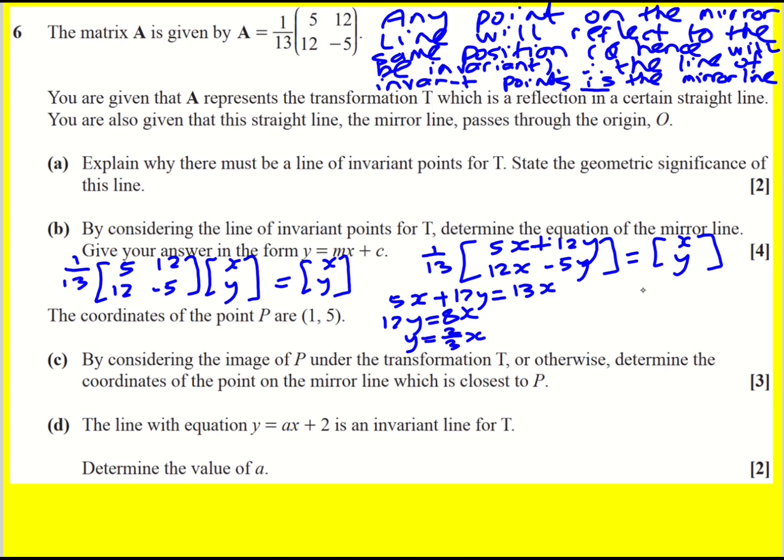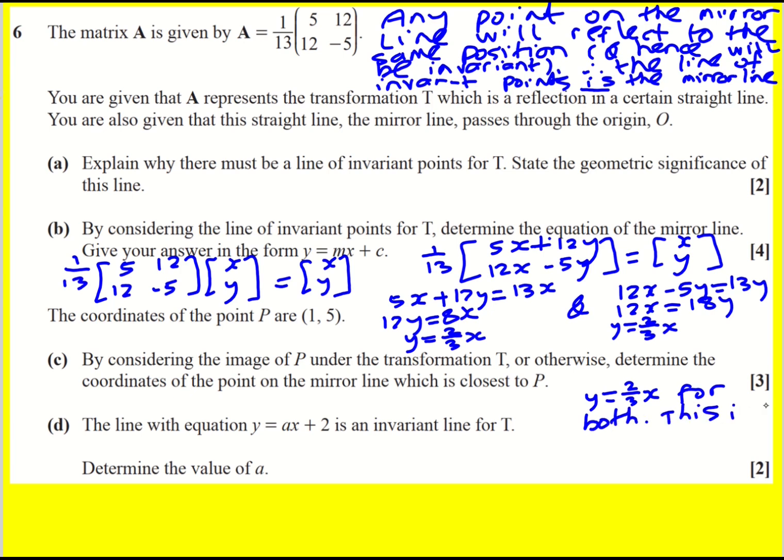Just need to check that the other one is consistent. So 12x minus 5y is equal to 13y. 12x is 18y. y is 12 over 18 x. y is again 2/3 x. So y equals 2/3 x for both.